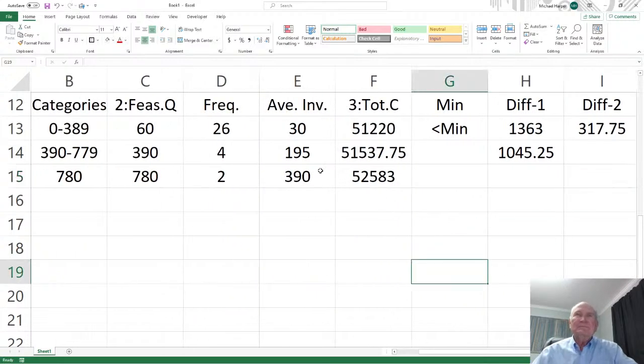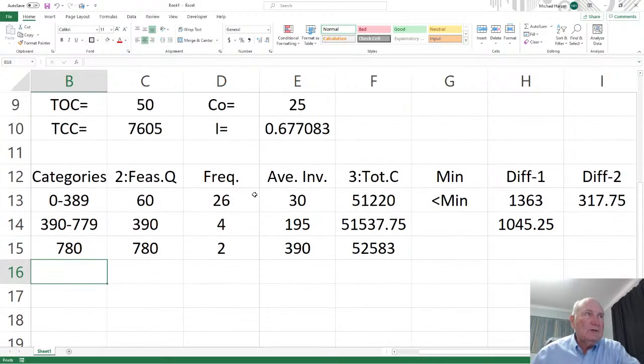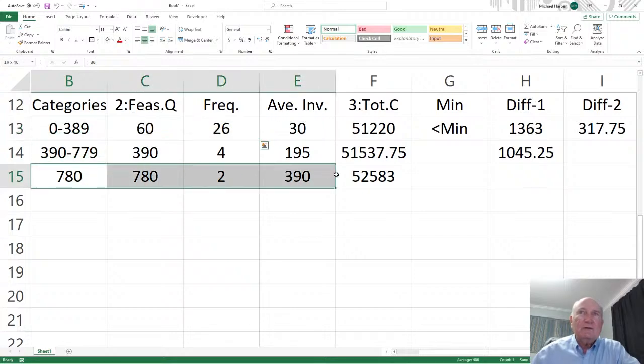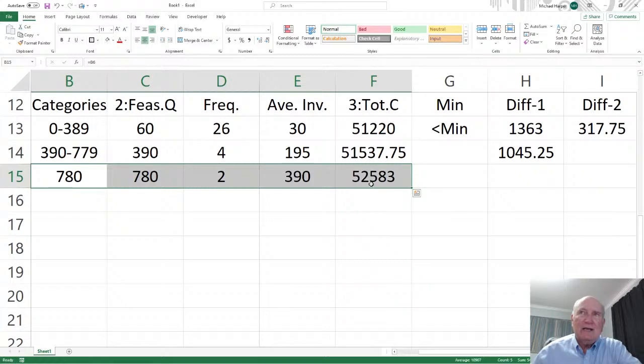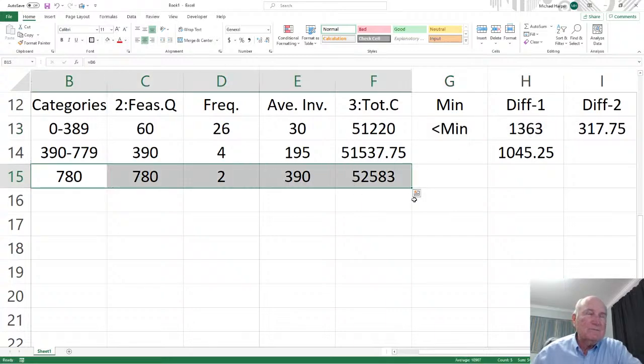Now we can talk. Okay, first of all, notice that for this first category, here's what the manager is doing. It is saving the company the most money because of the item cost, but you have carrying cost and you have ordering cost. And as it turns out, this is going to be the minimum cost because you can save $1,363 over this lot size here.